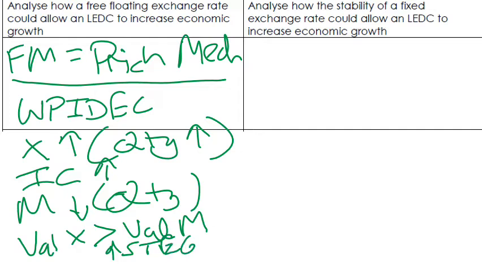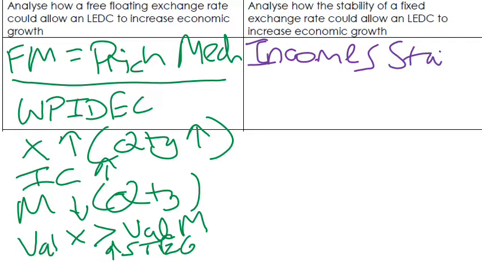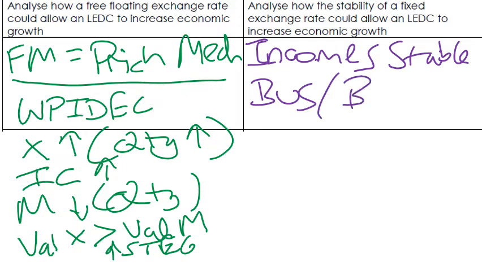The question around the stability of a fixed exchange rate, that is partly about stabilising incomes. So if the incomes of a country are stable, this gives businesses and banks confidence in lending and investment.